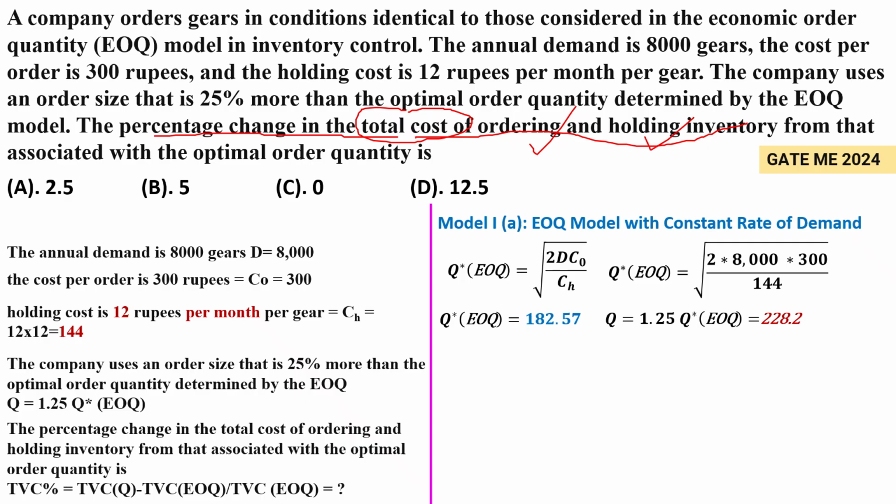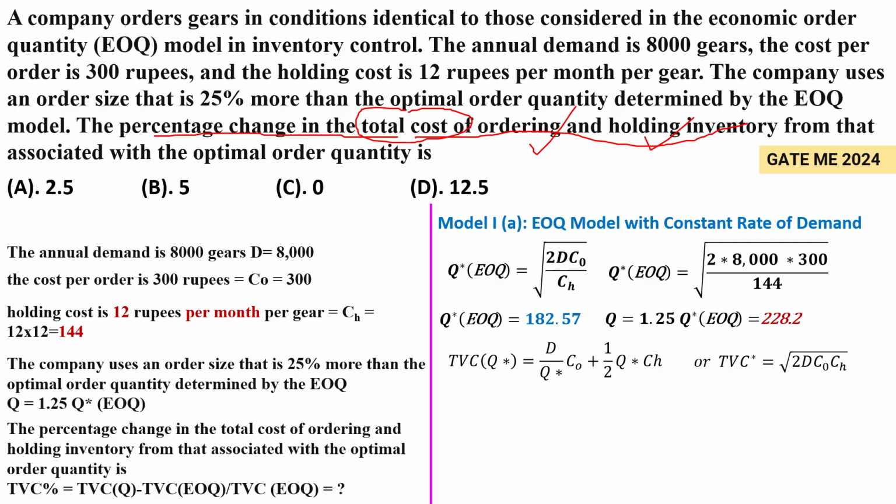Next we have to determine the total variable cost at the Q quantity as well as the Q star quantity. First I have to determine the total variable cost at the Q star quantity. So I can use any formula, which is annual carrying cost plus annual ordering cost.